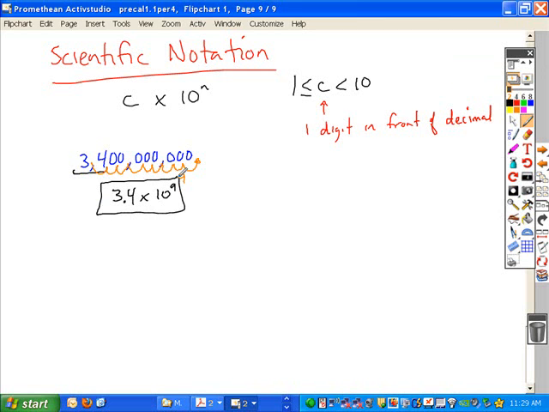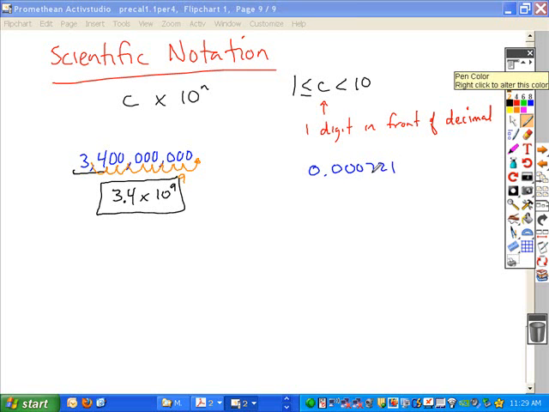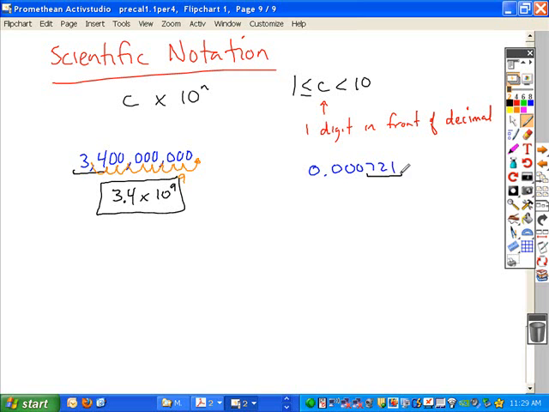If you have extremely small numbers, something like the following, you can express this using scientific notation as well. The rule is nearly identical. You take all the digits that fall before or after the zeros, so 7, 2, and a 1. Place the decimal point after the first.